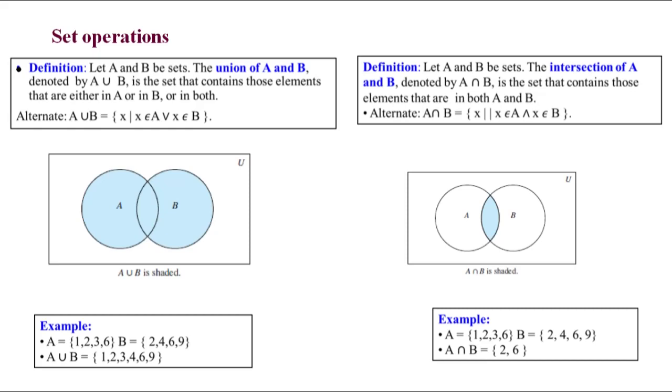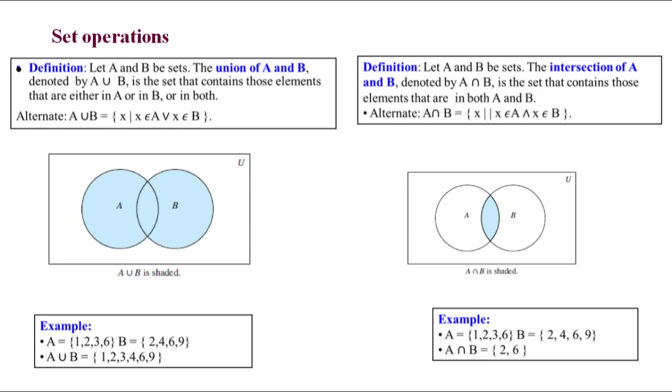So we'll see some more set operations. Let A and B be sets. The union of A and B, denoted by A ∪ B, with the union symbol, is the set that contains those elements that are either in A or in B or in both.